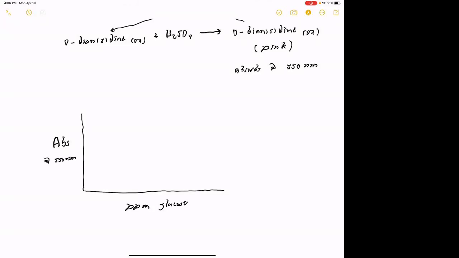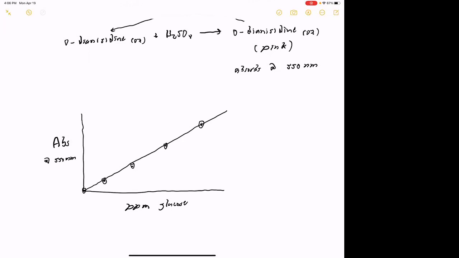What I'm really measuring is the concentration of the O-dianisidine, but I can relate it back directly to the glucose. So what's going to happen? Well, I'm going to get a linear relationship if everything goes well, because this is going to follow Beer's law. As the concentration of the O-dianisidine increases through the concentration of the glucose, the absorbance at 550 nanometers should increase proportionally, and I'll get a straight line. If you do everything right, you'll get a nice straight line out of this.